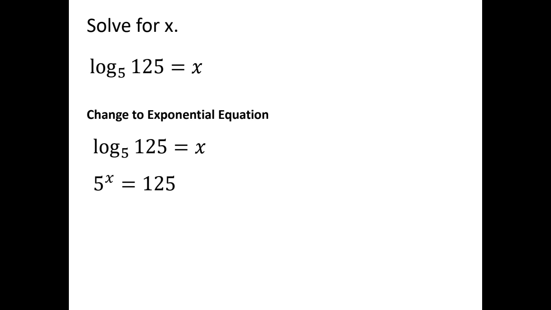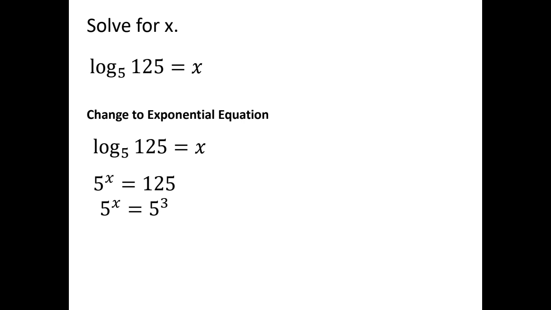What I can do is take the 125 and convert it into an exponential number. So I can say that 125 is the same thing as 5 cubed. Now, if you don't know how to do this, you can do a factor tree to get 125 to become 5^3. The way you do that is you divide this number by the first prime number that is divisible by this number.